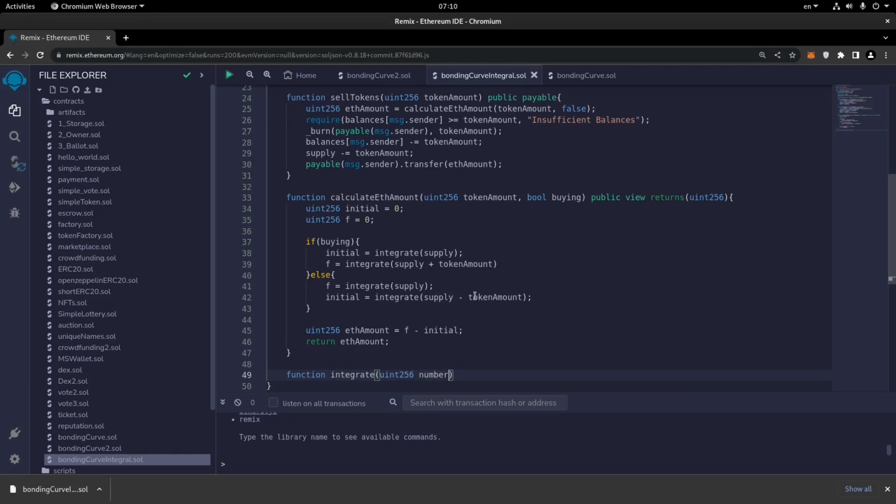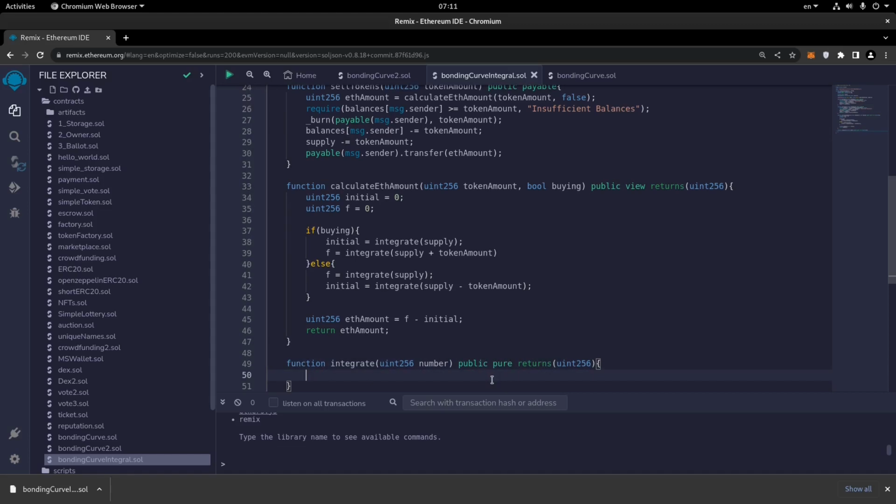So the number that we enter here, which is right here, was supply, and based on the circumstance, it will change accordingly. So here, consider it to be a number, which is uint256, and public pure returns uint256, which is the resulting value, and here we go, we enter here.